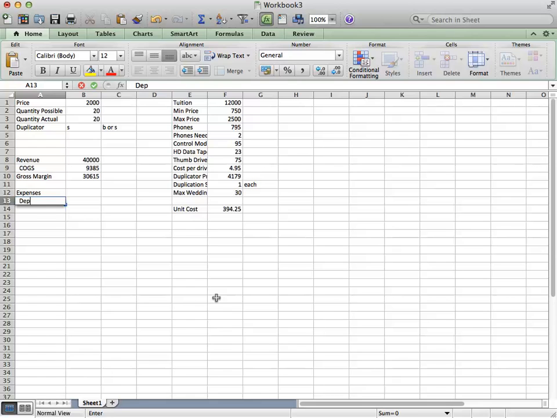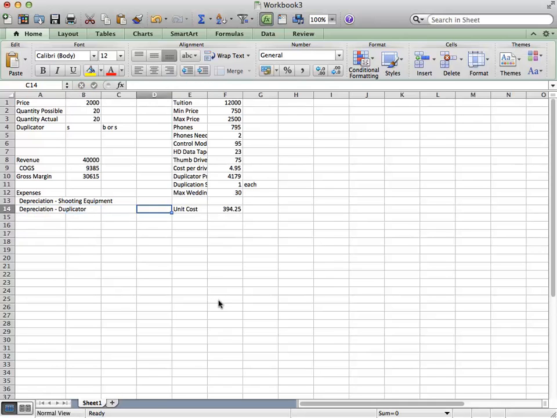So if he does purchase the equipment, he has to pay depreciation. Well, there's some equipment he has to pay anyway. So he has depreciation on shooting equipment, and then he has depreciation on the duplicator.